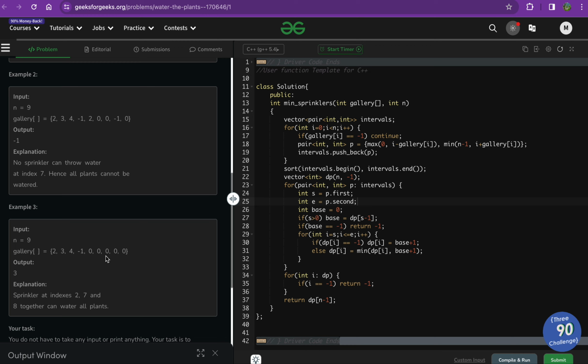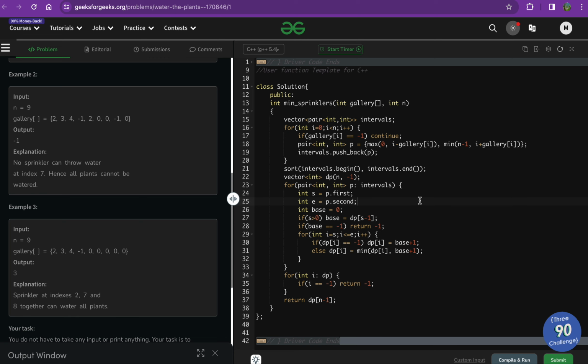In programming terms, this should be the algorithm. First we need to figure out the intervals from the array, and then pick the minimum number of intervals such that the whole range is fulfilled. If the range is not fulfilled, there is no possible way, so the outcome should be -1.